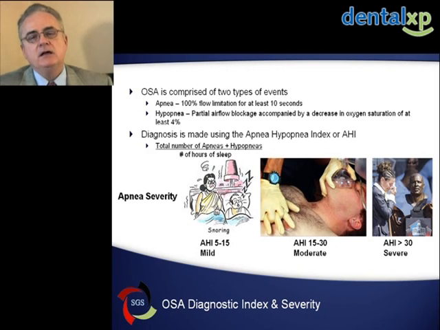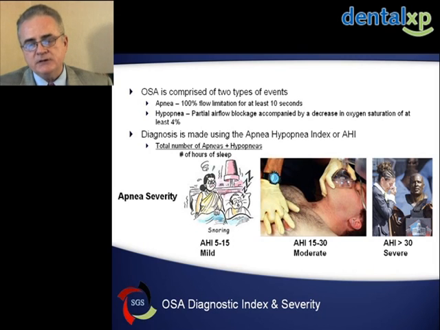Typically, that's defined as a 10-second cessation in breathing at all, and often you'll see a decline in oxygen saturation, 3 to 4% or more, and that can cause a body breakdown and often can lead to microarousals from sleep, which can add to people's fatigue, depression, and anxiety.